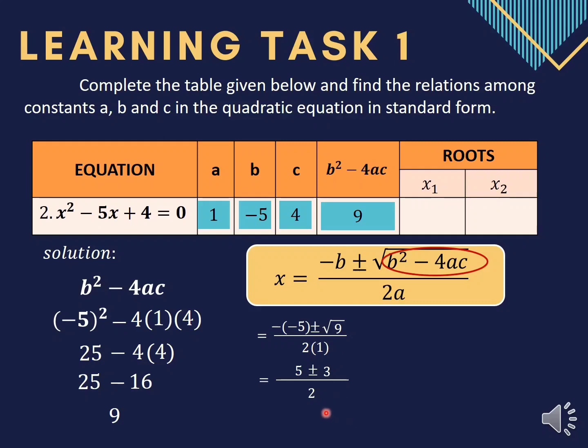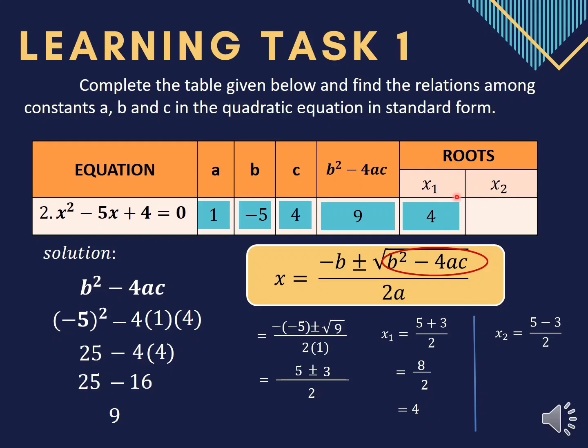Now, let us form two linear equations. Let us separate the positive and negative, since this is 5, positive, negative 3, all over 2. Our x sub 1 would be 5 plus 3 all over 2, and then the x sub 2 will be 5 minus 3 all over 2. We just separated them. Now, we have 5 plus 3, we have 8 divided by 2, and that is 4.